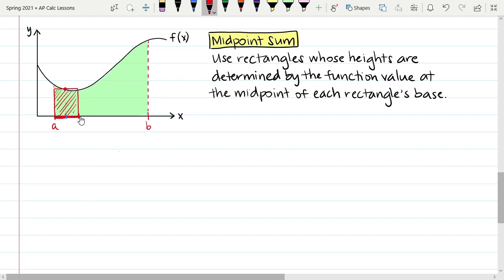And then again, if I were to do another rectangle right next to that, but again, I'm going to have to now determine the height from the midpoint. That's going to be right about there. And again, let's just, in this case, let's just do 2 more.